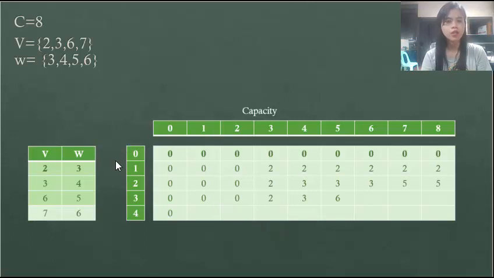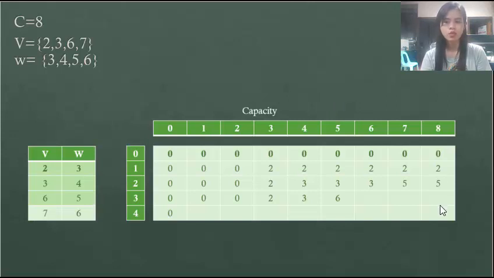Now let's see. If I consider the third and the second item to be included, we add the weight, which equals 9. But this weight is greater than the capacity, which is 8. Now let us take the first and the third item to be included. The total weight is now 8, which is equal to the capacity value.